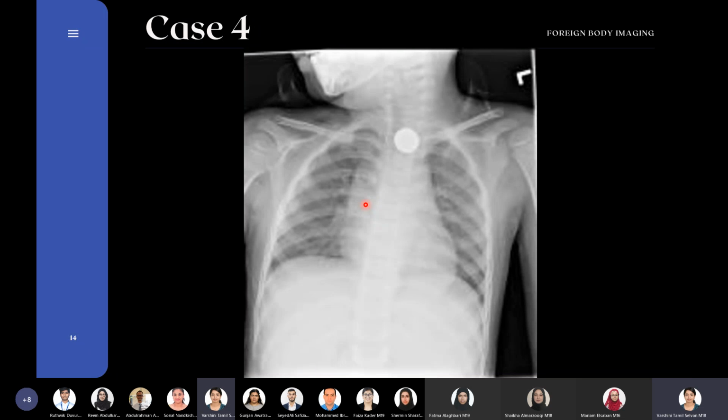You're asking the right question, Mariam. Absolutely correct. Unless and until we can see the lateral view, we cannot quite clearly know if it's in the trachea or esophagus. Okay, I think some of the students from year 5 might be able to tell us if it's in the trachea or in the esophagus on the frontal view alone.